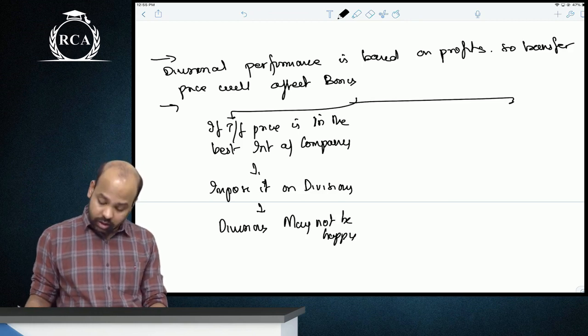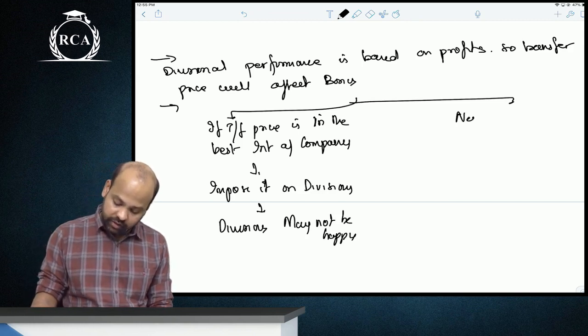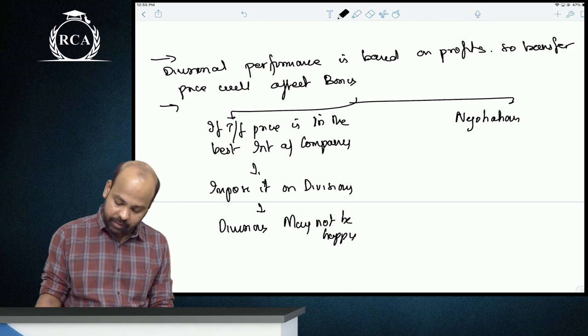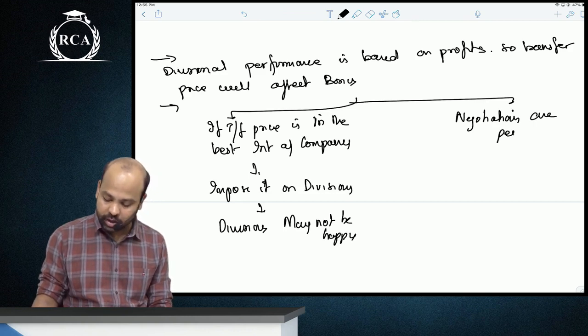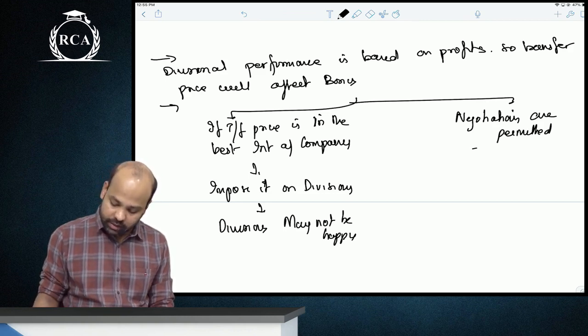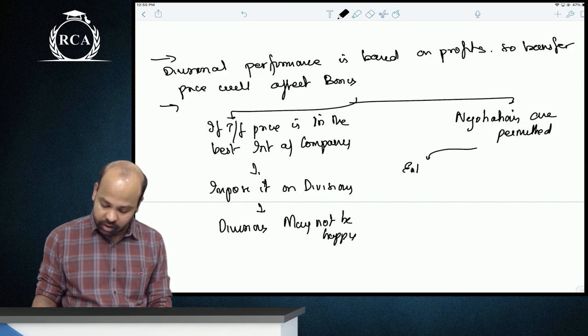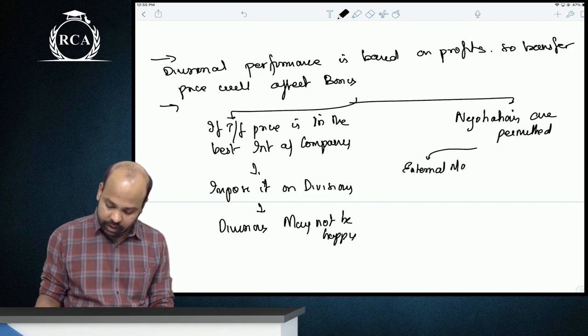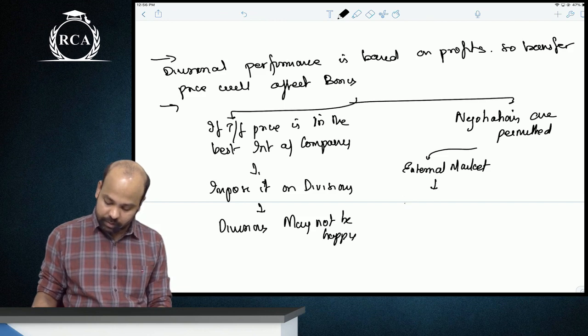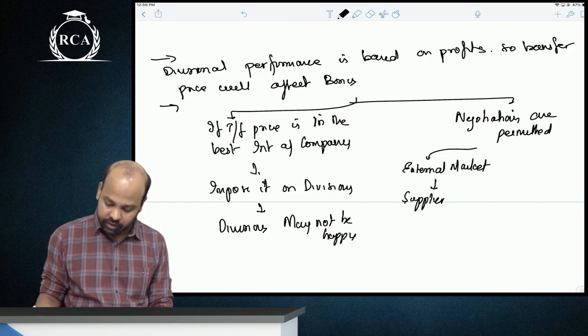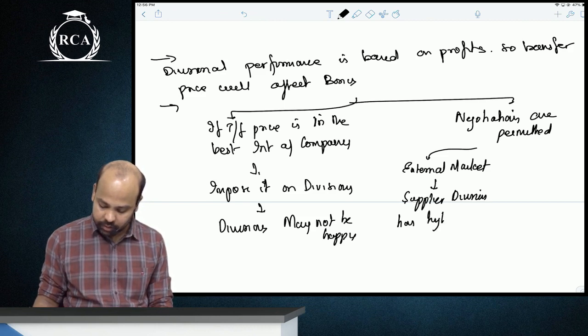Otherwise, if negotiations are permitted, it would depend on who has a higher bargaining power. If there is an external market, the supplier division has a higher bargaining power.